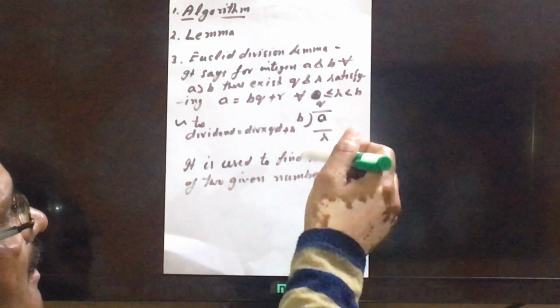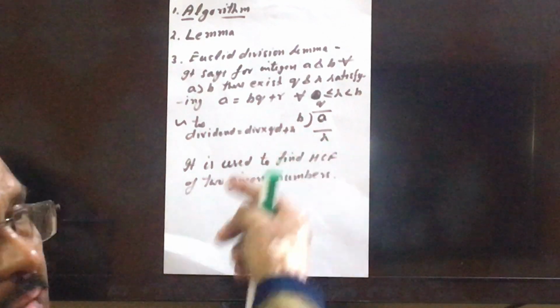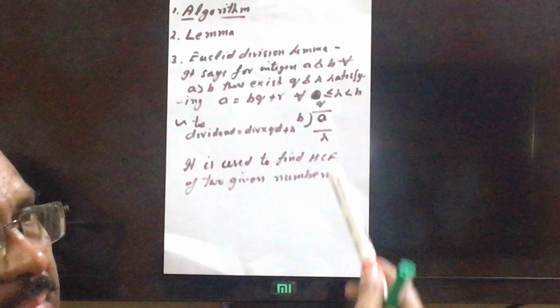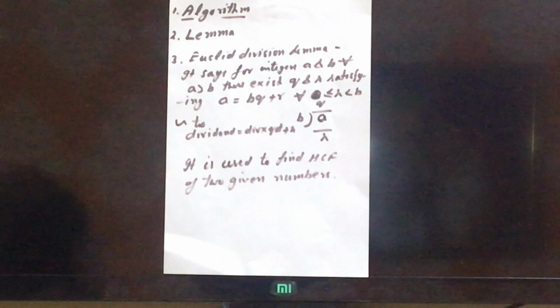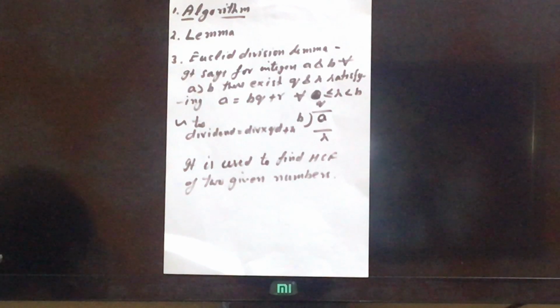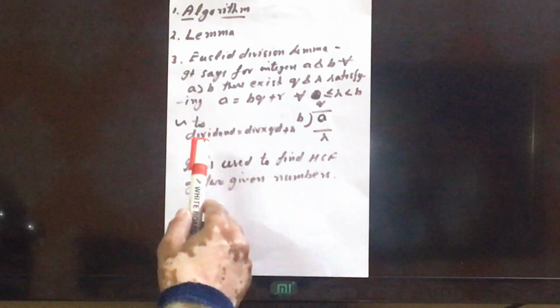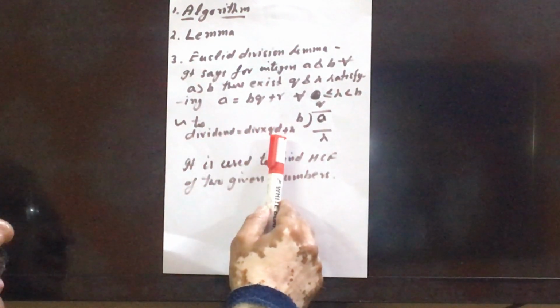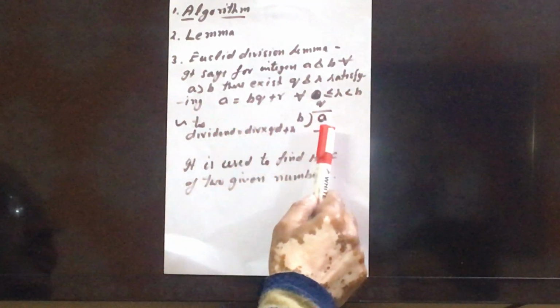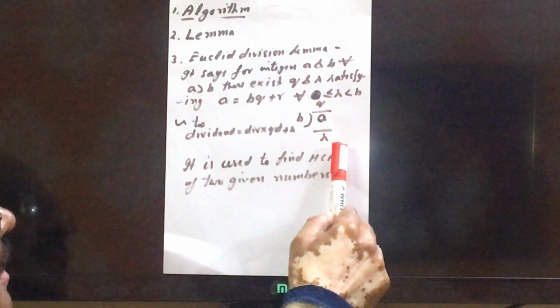So if we divide a by b, then we will get one quotient q and we will get the remainder r. And as we have already learnt in the previous classes, the dividend is equal to divisor into quotient plus remainder. If we use this, we will get a is equal to b into q plus r.